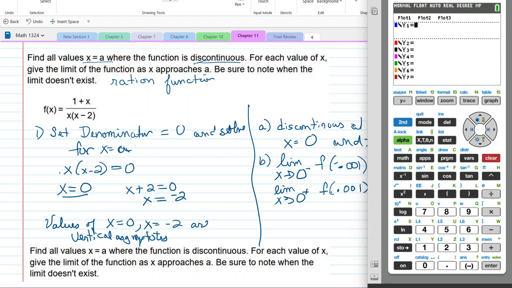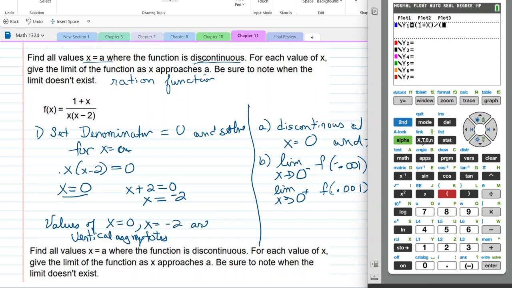All right, so let's look at this one. Now we're going to enter a rational expression. Remember, we're going to enter first our parenthesis, the numerator, 1 plus x, parenthesis, divide symbol, and then enclose the denominator as well.